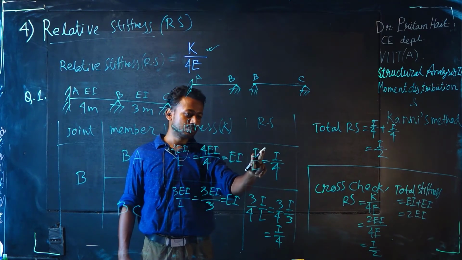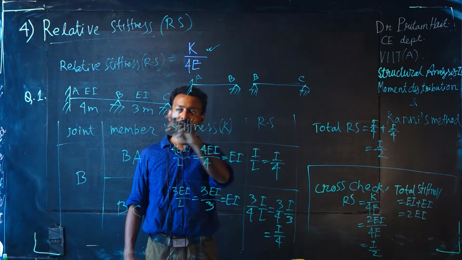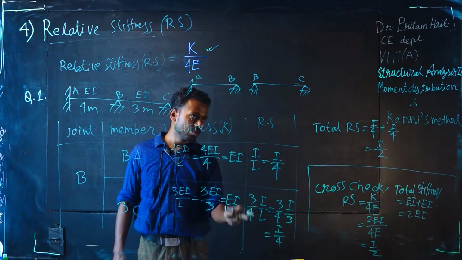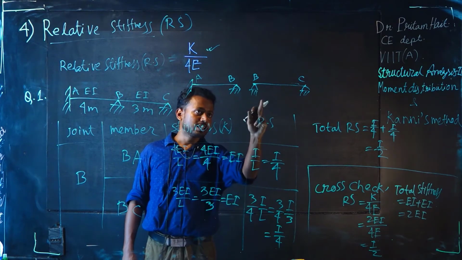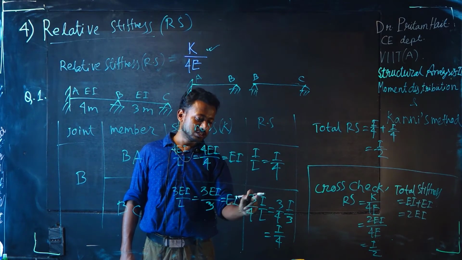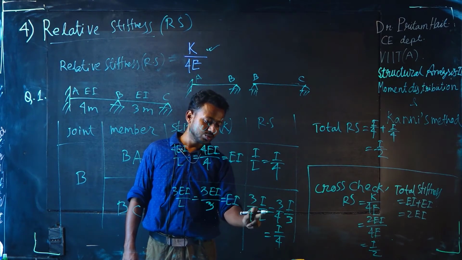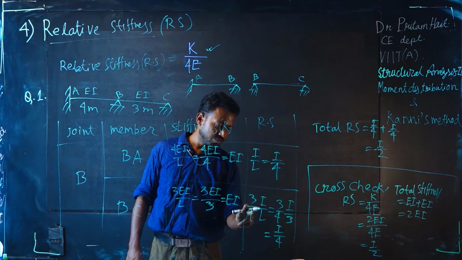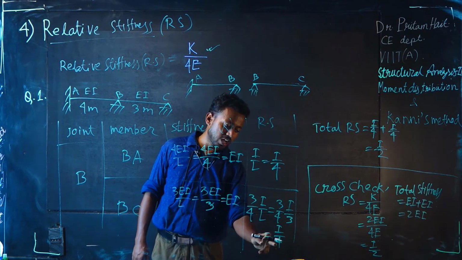So you have found I by L as the far end is fixed. So the relative stiffness will be I by L and L is 4 meters. So I by 4 is the relative stiffness of BA. Now come to BC. As the far end is hinged, I can calculate the relative stiffness as 3/4 of I by L. L value is 3 meters. So 3/4 into I by 3, so I get I by 4.